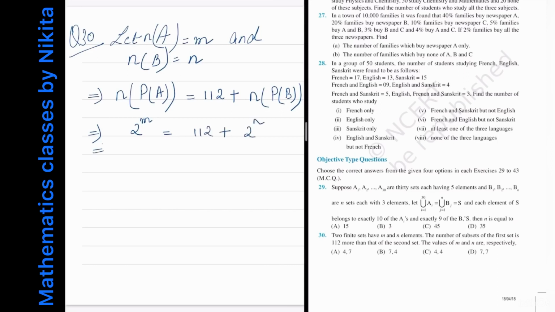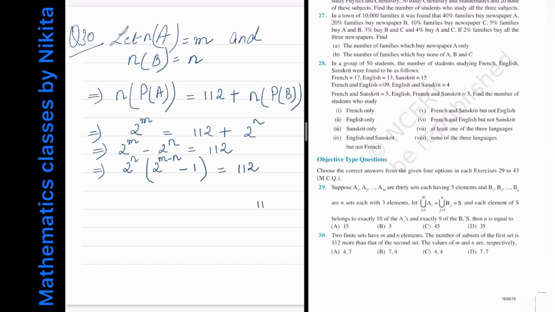So you have to find the values of m and n from this equation. Now since 2 to the power m is bigger than 2 to the power n, I will take common 2 to the power n. That means n is smaller than m. So this will become 2 to the power n into (2 to the power m minus n minus 1) is equal to 112.